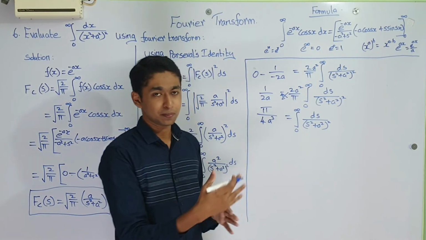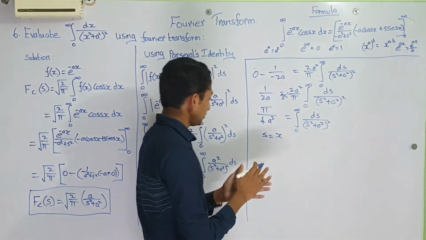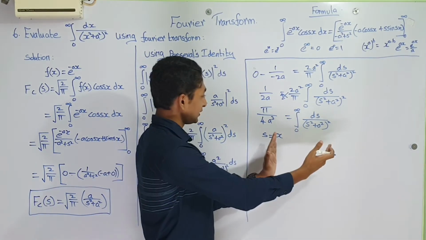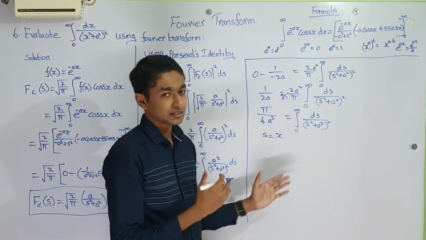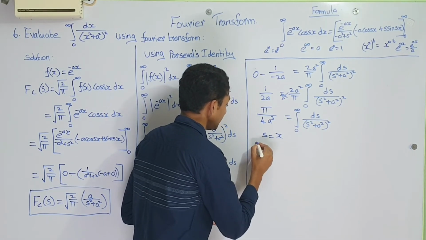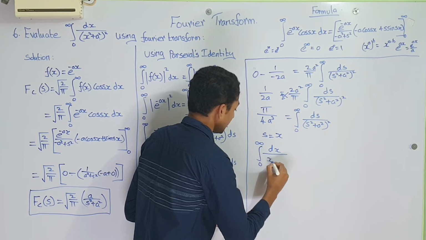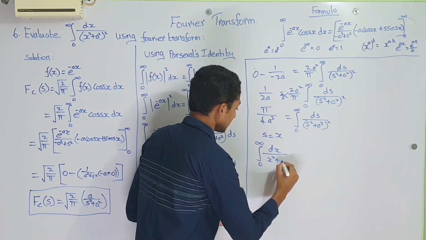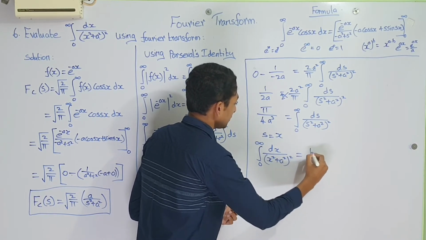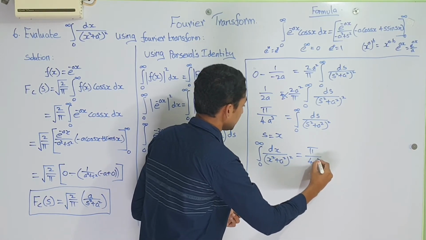So next we are going to apply that. So x is equal to x and therefore it becomes so first let's write the right hand side. So first I am going to write the right hand side value. So integral 0 to infinity dx divided by x square plus a square the whole square is equal to pi divided by 4a cube.